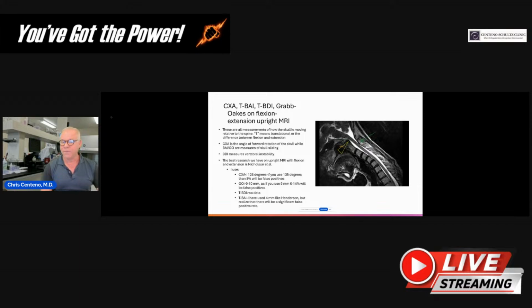I've used 4 millimeters like Henderson as the cutoff, but there's a significant false positive rate right there, and it's probably not possible using Nicholson to determine what that false positive rate is, because they didn't really look at translational BAI. They just told you what the values were in flexion and extension.